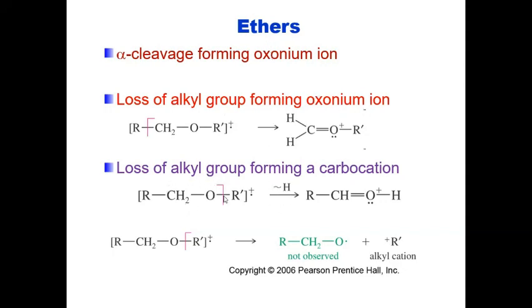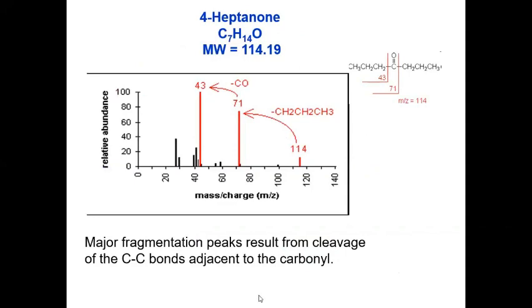Similarly, for loss of an alkyl group, we know there is an R and R dash alkyl group. So there is a breaking of the molecule at this place or at this place. We can see the fragmentation pattern in 4-heptanone. There is a possibility of breaking of this molecule at the R dash group, or breaking of the R group, and also the removal of carbon monoxide.